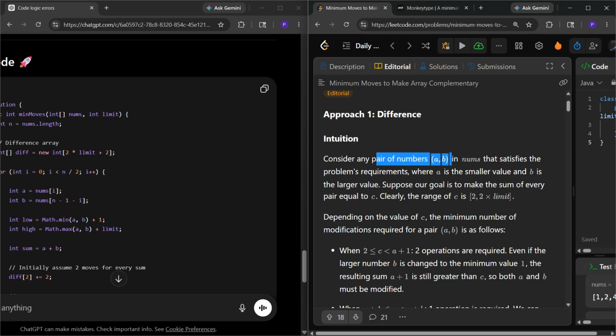Consider any pair of numbers in nums that satisfies the problem's requirements, where A is the smaller value and B is the larger value. Suppose our goal is to make the sum of every pair equal to C, so A plus B must be equal to C for the entire array, for all the pairs. Clearly, the range of C is 2 to 2 into limit.